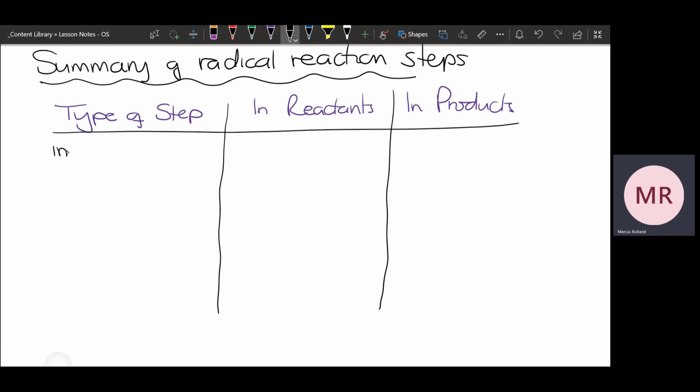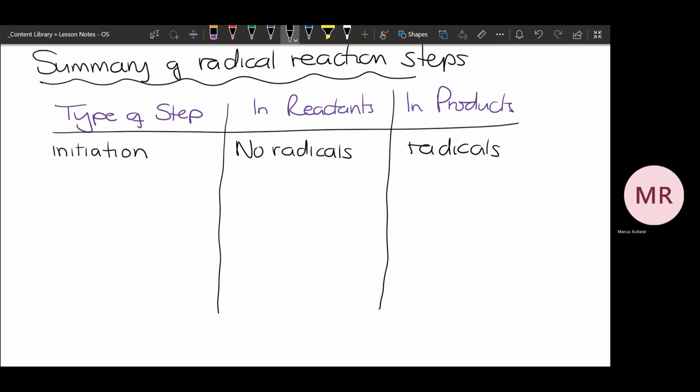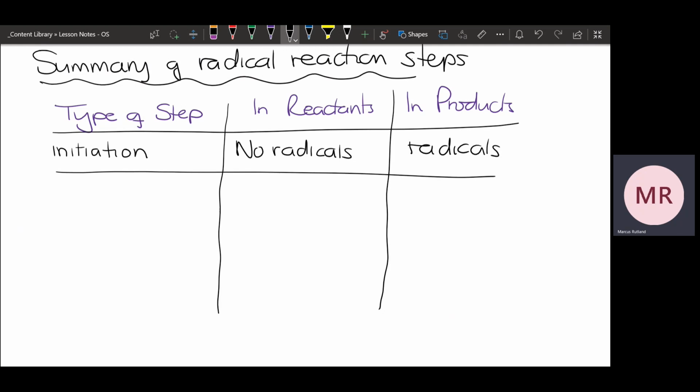So in the initiation step, in the reactants, no radicals, but in the products, radicals. For propagation, in the reactants, you've got at least one radical. And in the product, you've got at least one radical. So it keeps the radicals alive.